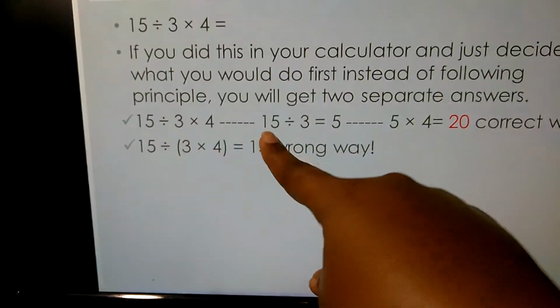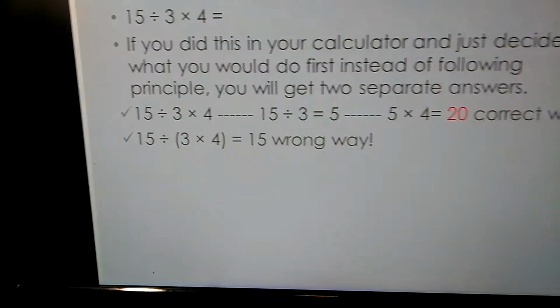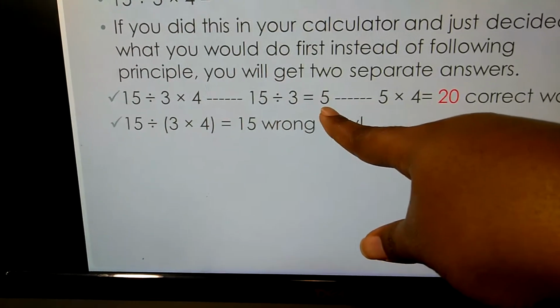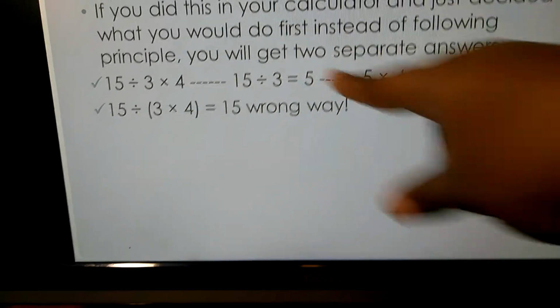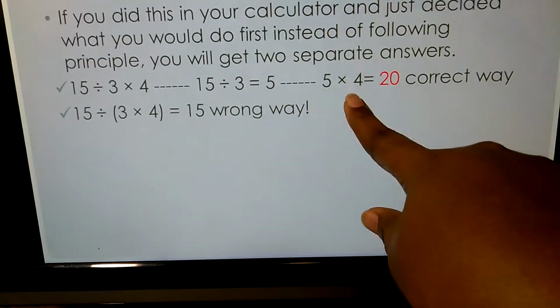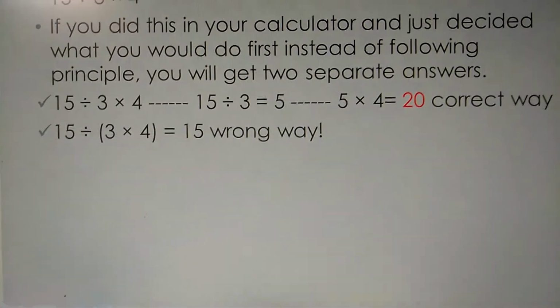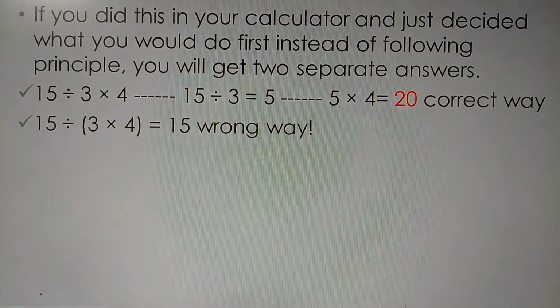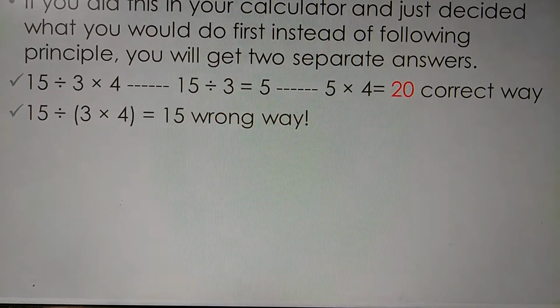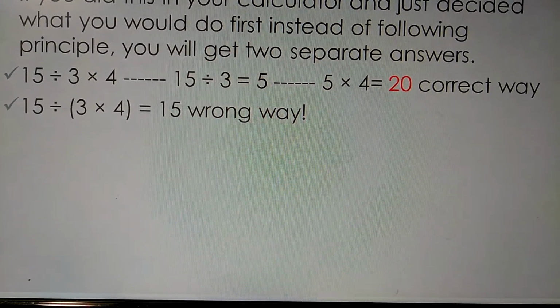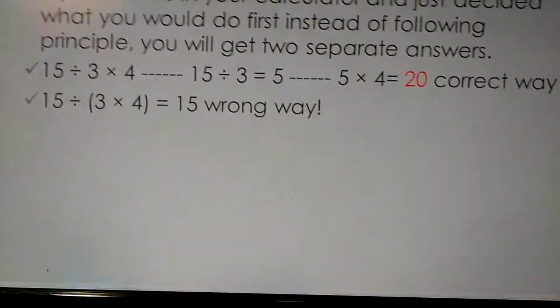So on the left, we have 15 divided by 3 first. 3 goes into 15, it'll be 5. And then 5 times 4, because 4 is left. 5 times 4 is 20, and that is the correct way. But if you did it the other way around and did 4 times 3 first, that would give you 12, and then 15 divided by 12, that's not the right answer.